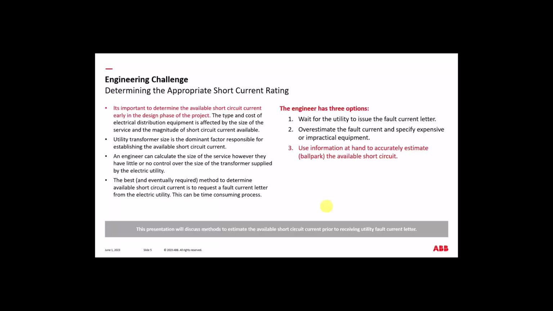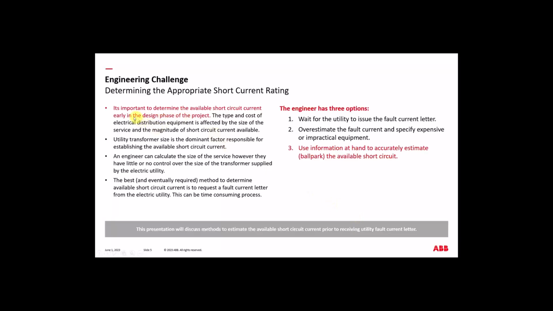And so what I tried to gear this towards is, okay, you got a basic concept of what you have to do. What steps can you go through to at least get in the ballpark of the correct interrupting rating of your equipment? And the reasoning behind it is that this kind of steps over here.